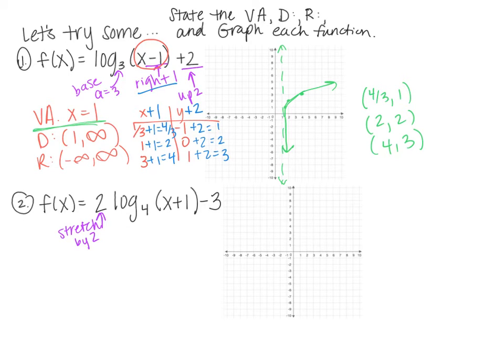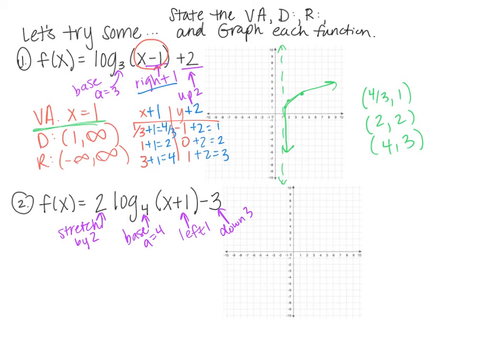So a stretch means I'll be a little bit further away from the asymptote versus a shrink means I'll be actually closer to the asymptote. Okay? So I'm going to see a stretch of 2. My base, or my a, is 4. I'm going to be moving to the left 1, and I'm going to be moving down 3.